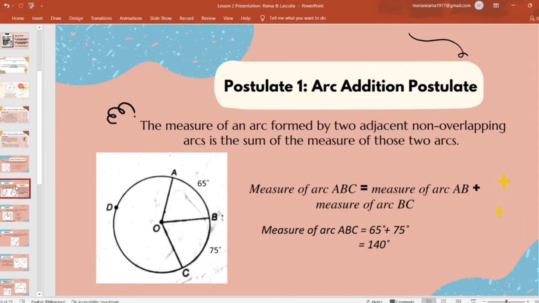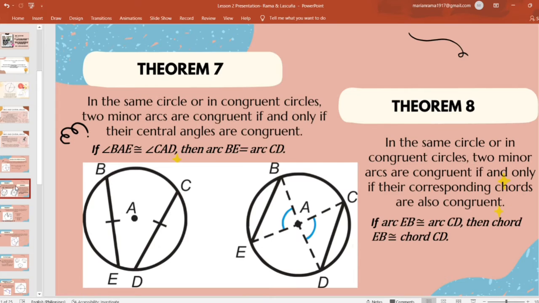Next we have theorems. For theorem 7, in the same circle or in congruent circles, 2 minor arcs are congruent if and only if their central angles are congruent. Look at this figure here. As you can see in my cursor, we have angle BAE and angle CAD.